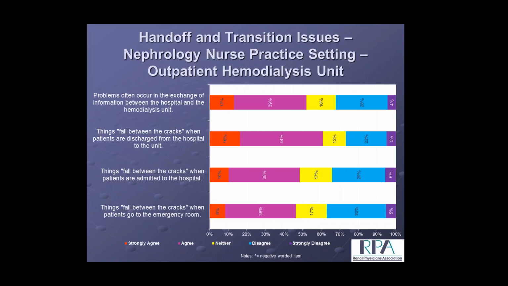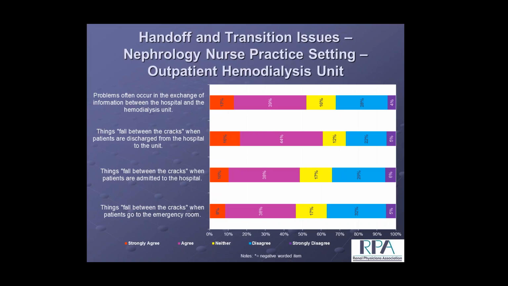Next slide, we're going to talk about the outpatient hemodialysis unit. Here you can see the numbers are quite large, much larger for the nurses in the unit. Problems often occur in the exchange of information between the hospital and the hemodialysis unit: my math went back from my brain for a minute, 52%.